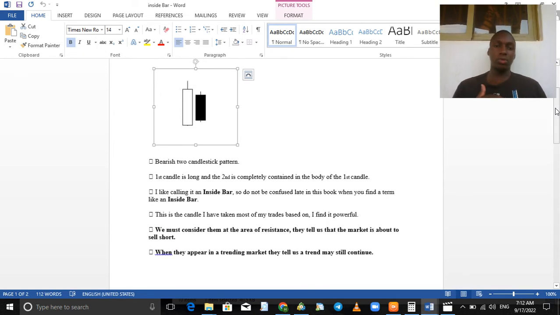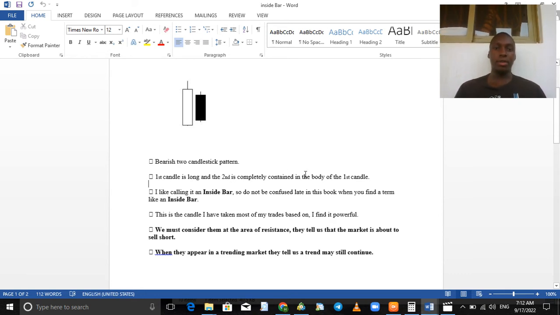I want you to differentiate all these candlesticks we are bringing on board, to teach you how they are formed and what impact they bring in the market. This is the bearish harami. It is a two-candlestick pattern. The first candle is long and the second is completely contained in the body of the first candle.